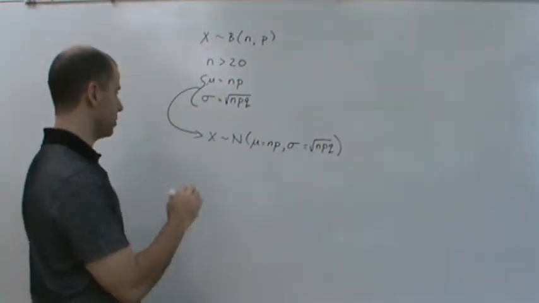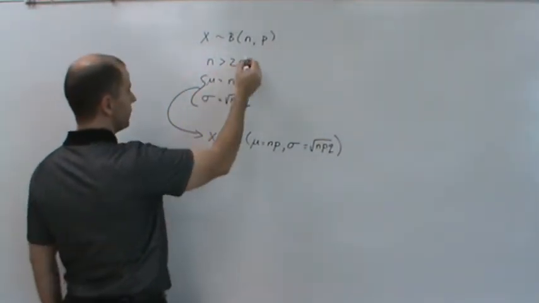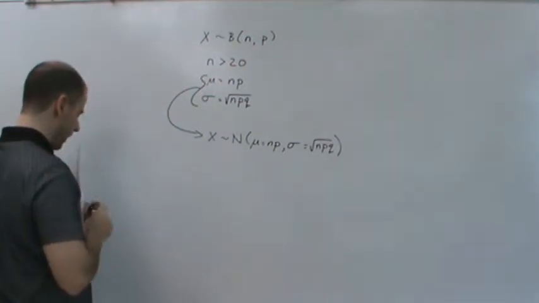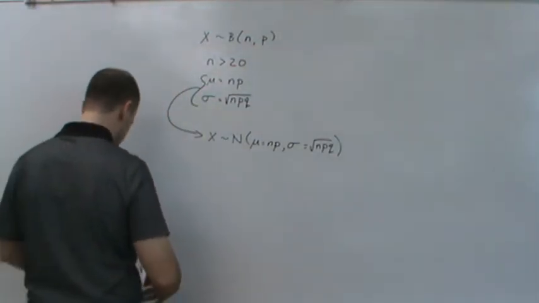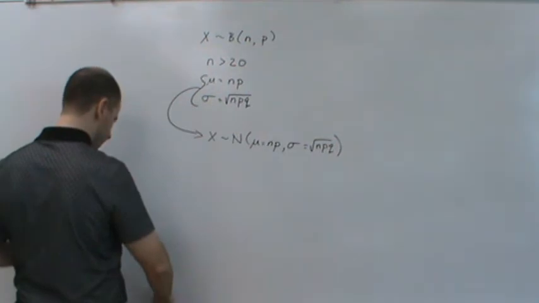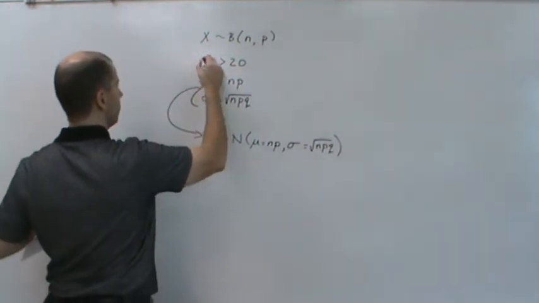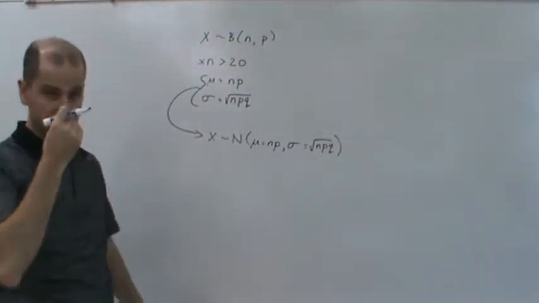The two conditions: obviously, we have to have a large enough sample size, so n is greater than 20.